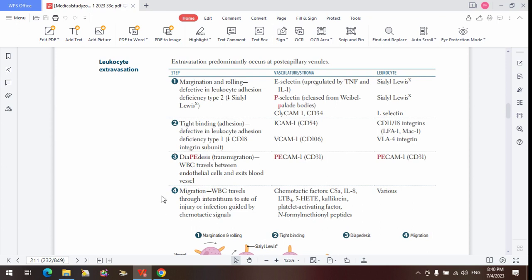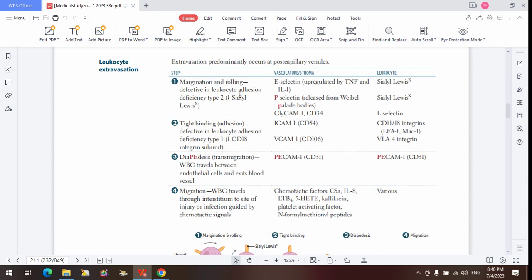The first one is margination and rolling. What helps with this margination and rolling is when we have had movement of plasma from the vessels into the tissue. We said that movement of plasma will make the blood viscous, so you have stasis, and you can slow down the movement of the neutrophils.